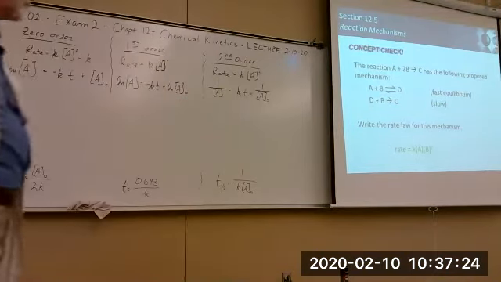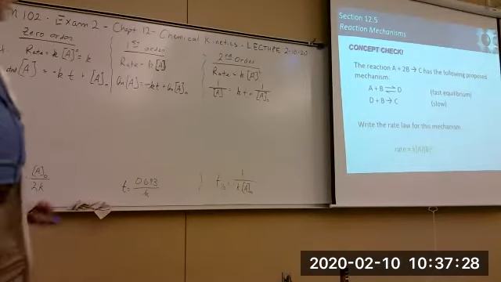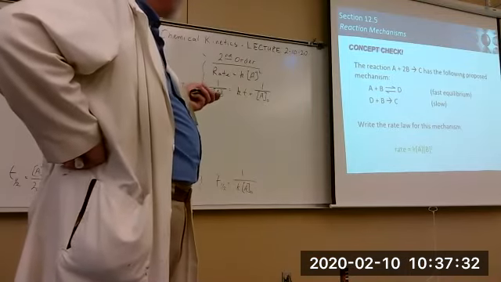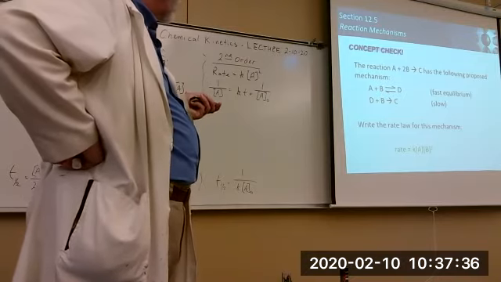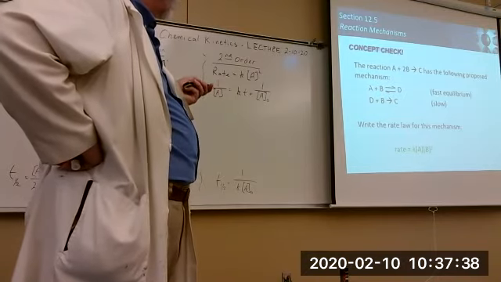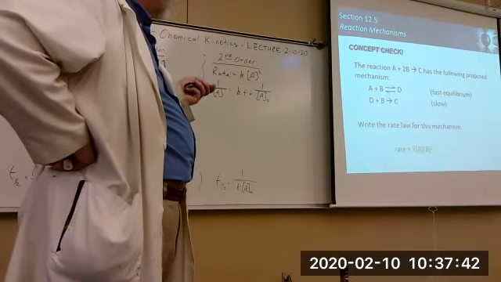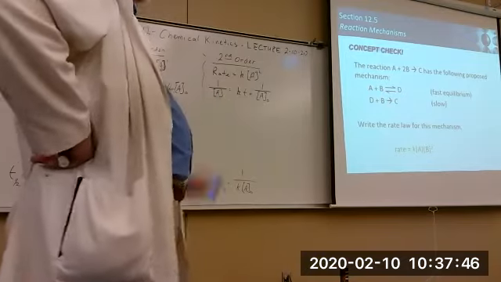The order of the reaction in terms of A for this mechanism, there's only 1A, right? So it has to be first order. There's only 1A. But there are 2 B's here in the mechanism, right? So that's a bad example.